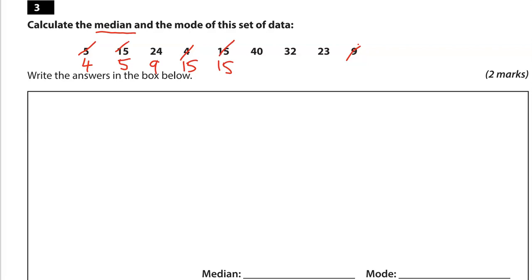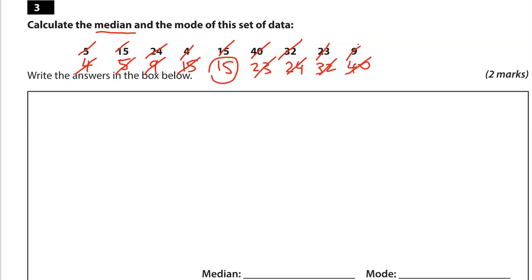Another 15. We have 23. Then 24. 32. And 40. Crossing them out both sides so we can find the middle one or middle ones, because it could be 2 as well. It's just 1.